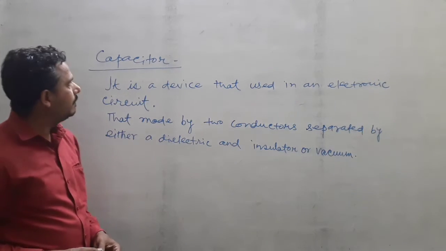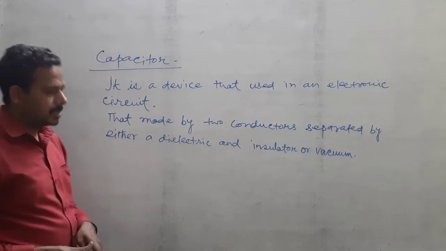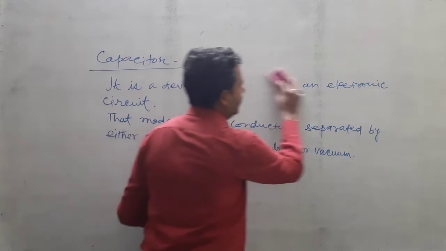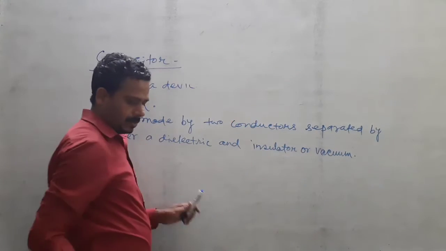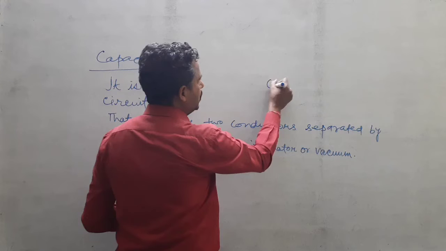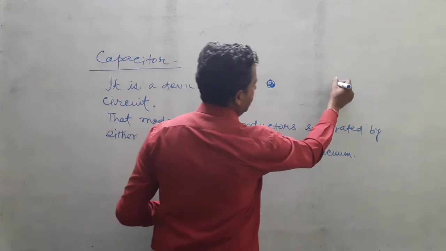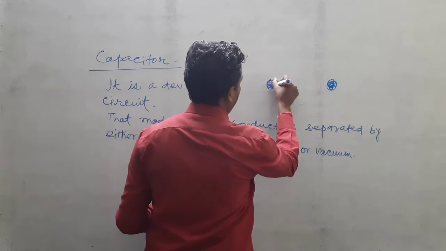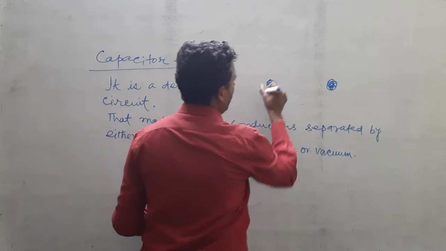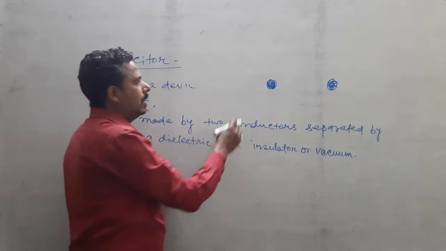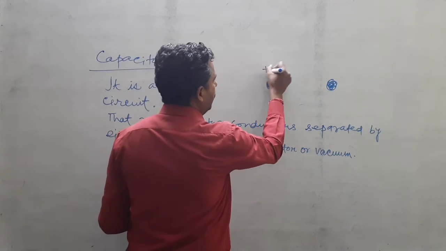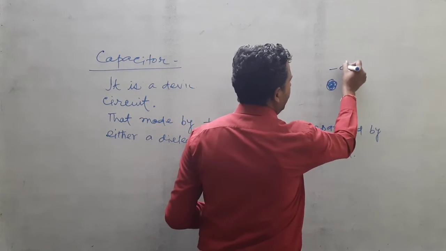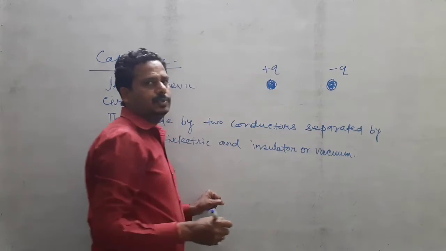So to form a capacitor, there are two conductors. Suppose one conductor has charge plus Q, and the second conductor has the same amount of negative charge.